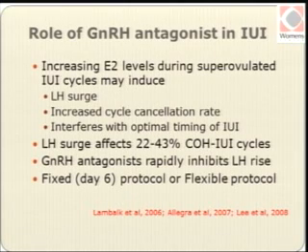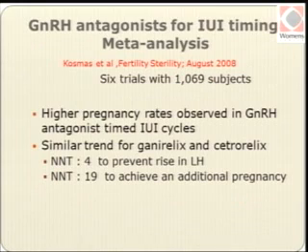Then the next question is, does it benefit to use something like a GnRH antagonist in an IUI cycle to prevent this premature LH surge from happening? Increasing E2 levels during superovulated IUI cycles lead to the LH surge, increased cycle cancellation, and interference with optimal timing of IUI, affecting that 22 to 43% of the cycles, whereas GnRH antagonists rapidly inhibit the LH rise, and can be used in any type of protocol.